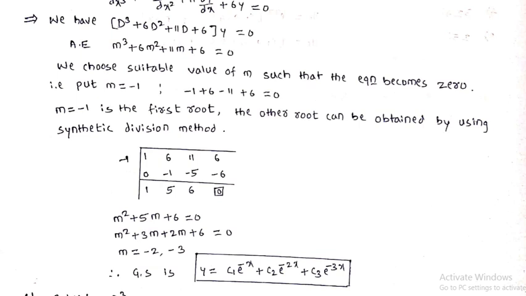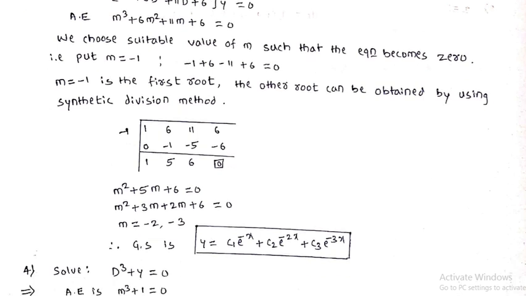The equation is cubic, which means it has three roots. One is m equal to -1, and the other two roots are -2 and -3. So all three roots are different. Hence its general solution is c1 e to the power -x plus c2 e to the power -2x plus c3 e to the power -3x.